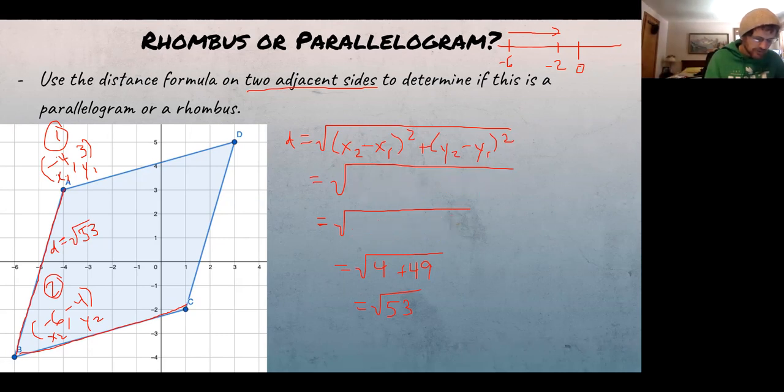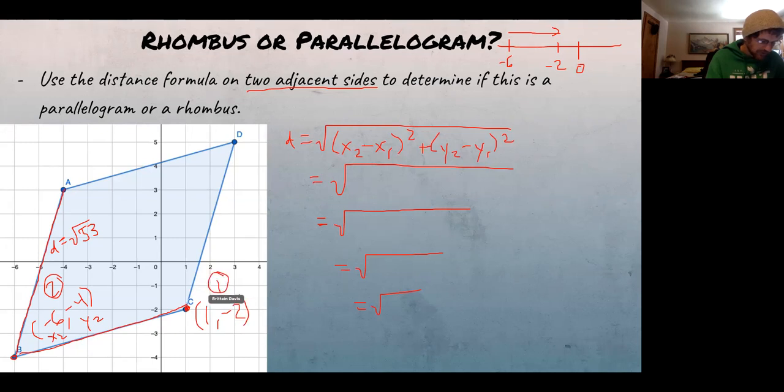Here's the next one. I will also erase this. We don't need this point anymore. So what I'm going to do is find the coordinates to C right here. So I already have B. This is at 1, -2.